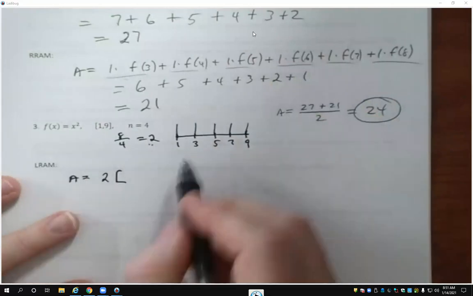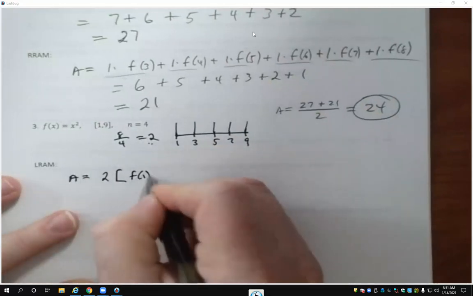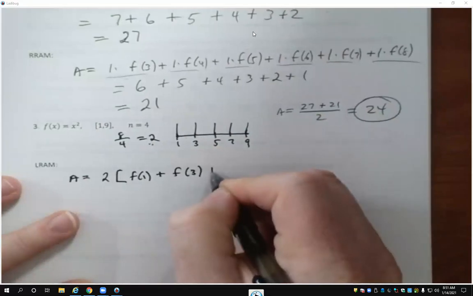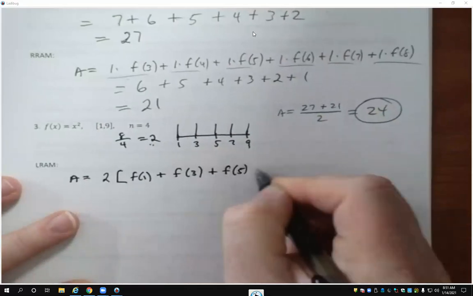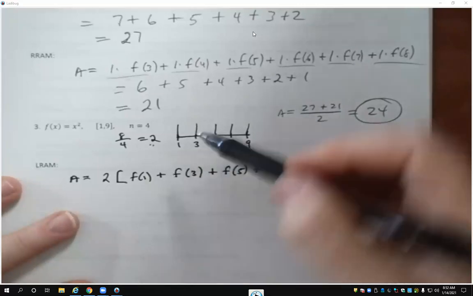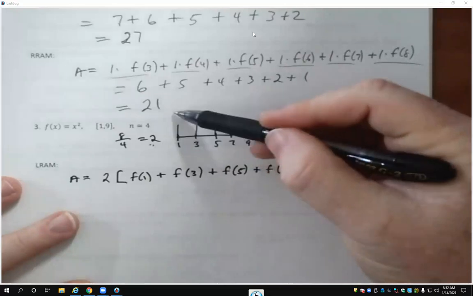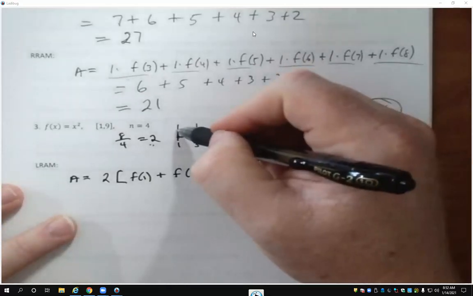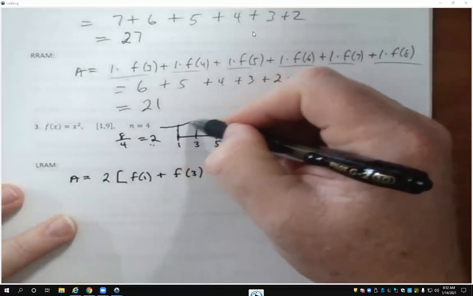Okay, so doing an LRAM, we're going to do f of 1 plus f of 3 plus f of 5 plus f of 7. 4 rectangles using our left y value, LRAM, left rectangular approximation. Remember, x squared is going to look something like that.